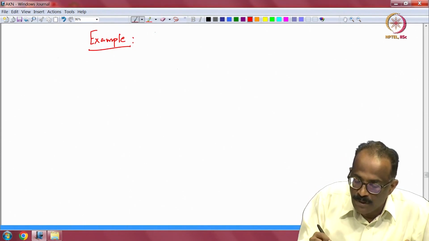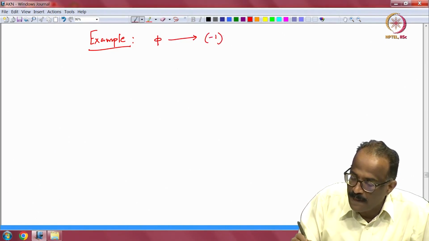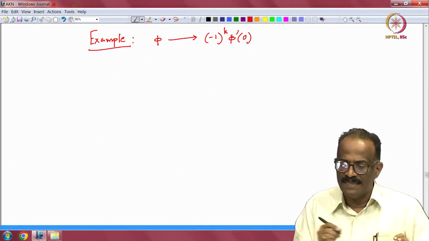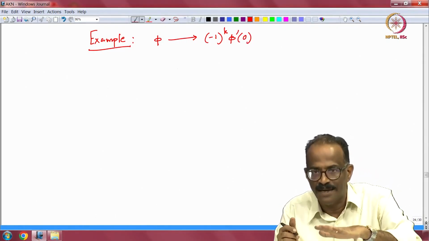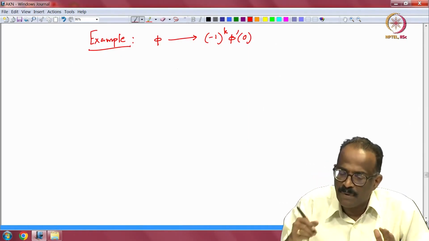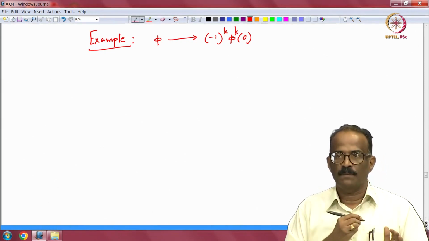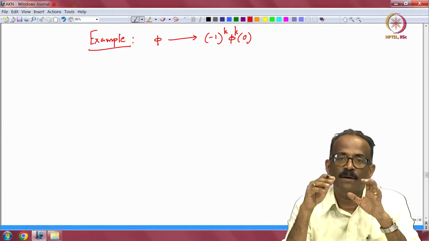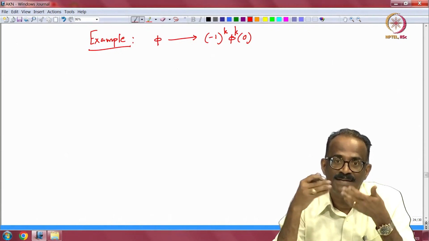Okay. So, you are going to define φ going to (-1)^k φ^(k)(0). Right now (-1)^k does not have much significance, but you will soon see these are all derivatives of the Dirac delta.